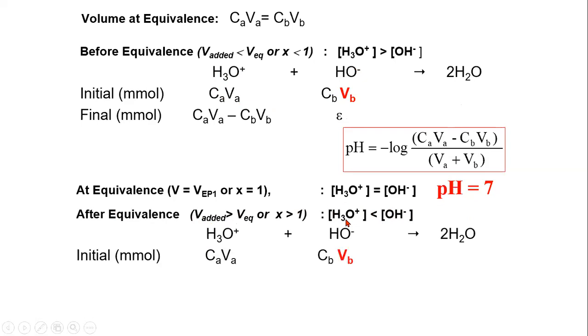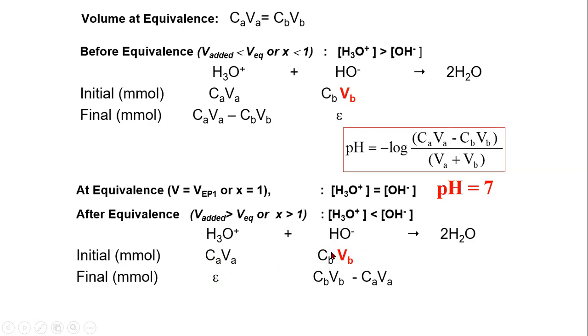If you go back to your millimole chart with CAVA and CBVB, and you're using the same amount of acid that you had initially, but now the volume of base has changed and is greater than V equivalence. So the amount of moles of OH minus overall will be bigger, so this amount here will be in excess. And thus my H3O plus is limiting and it's going to tend to 0.